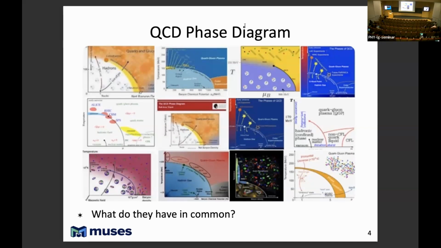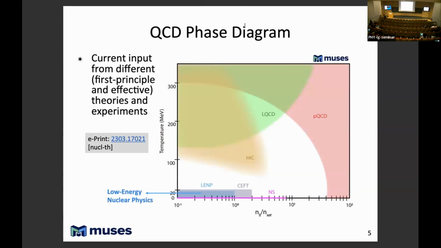The phase diagram that I'm going to be referring to does not have phases like all these ones, but instead has regions showing what we know. The regions that we chose to show come from either first principle or effective theories or experimental data.